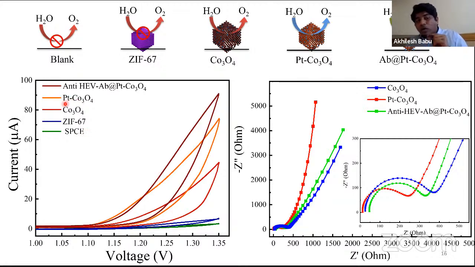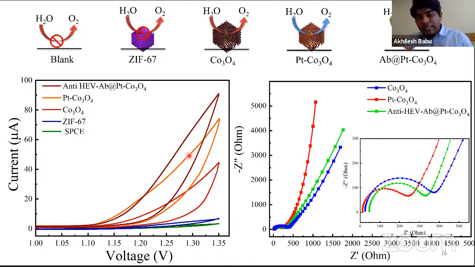However, when cobalt oxide was added onto the surface of the screen printed carbon electrode, the current consistently increased, with a positive shifting of the potential. At the same time, when platinum cobalt oxide was added, the shifting further occurred, showing that the prepared platinum cobalt oxide nanocages were more electroactive.